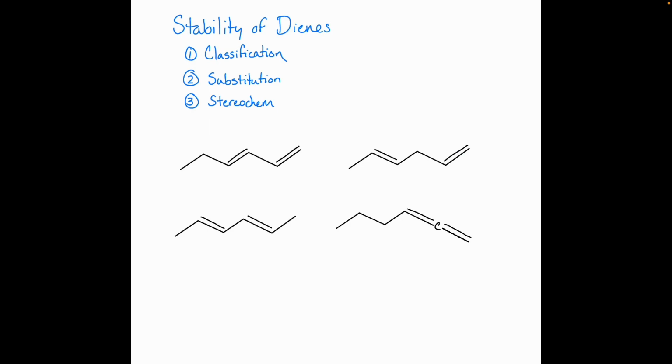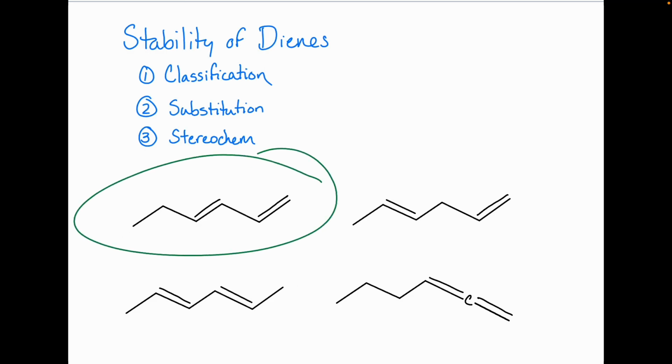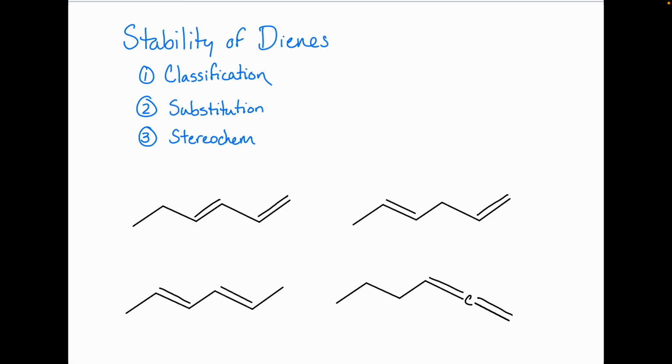All right, so since the most important factor here is the classification, let's go through and classify these dienes here. What class would this first one go in? These are our conjugated. All right, and again, I can see I got this line of sp2 hybridized carbons all in a row here. That's the key.